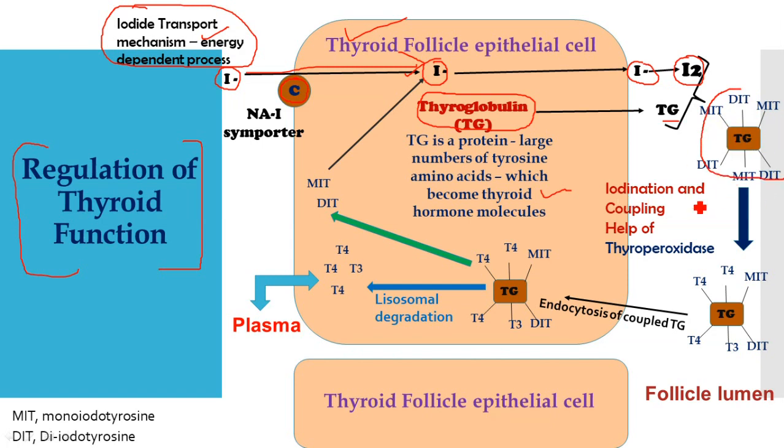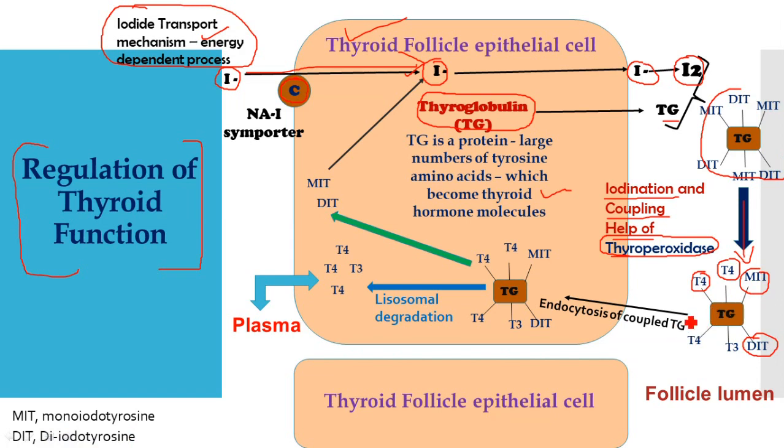This overall mechanism is called iodination and coupling, with the help of one specific enzyme called thyroperoxidase. In the absence of this enzyme, this complex is not formed and thyroid hormones are not generated. This complex is converted into T3 and T4 complexes, where MIT and DIT are also present. MIT is monoiodotyrosine and DIT is diiodotyrosine.